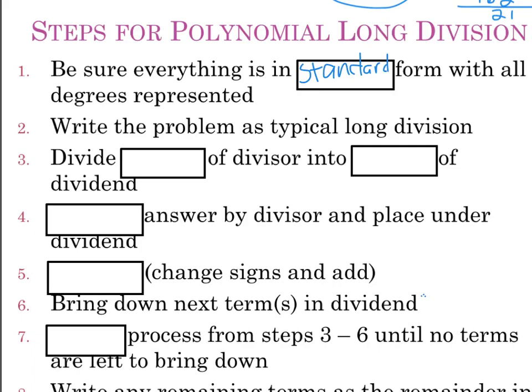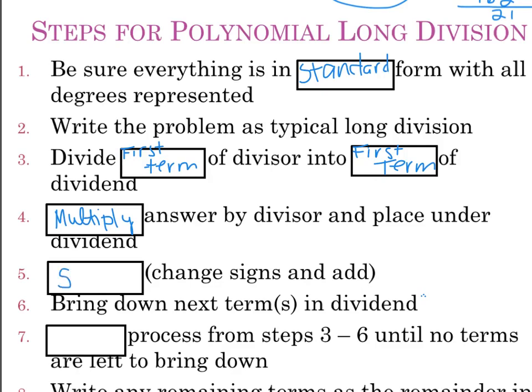Then we're going to divide the first term of the divisor into the first term of the dividend. So how many times does the first term of the divisor go into the first term of the dividend? We don't pay attention to the rest of the polynomials. We will then multiply the answer by the divisor and place whatever you get under the dividend.